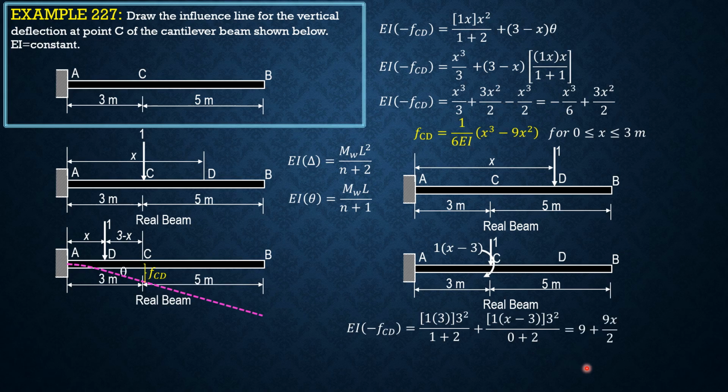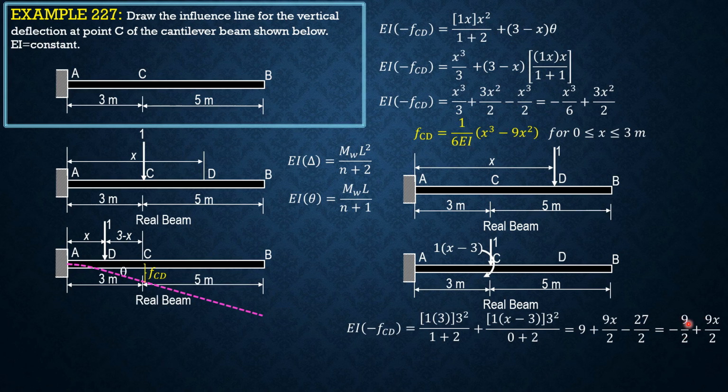Simplifying, that's 9. This is 9, then 9x over 2, then negative 27 over 2. So 9 minus 27 over 2 is negative 9 over 2, then plus 9x over 2. So since this is negative, this becomes positive, and that's negative.